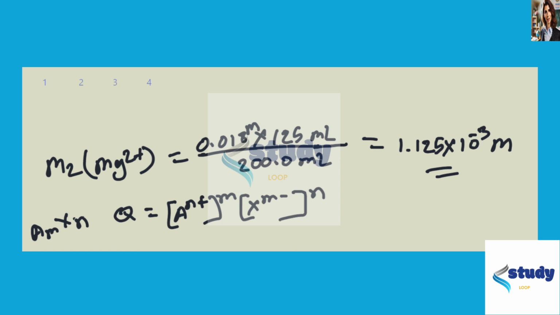Here our formula for magnesium hydroxide is Mg(OH)2.